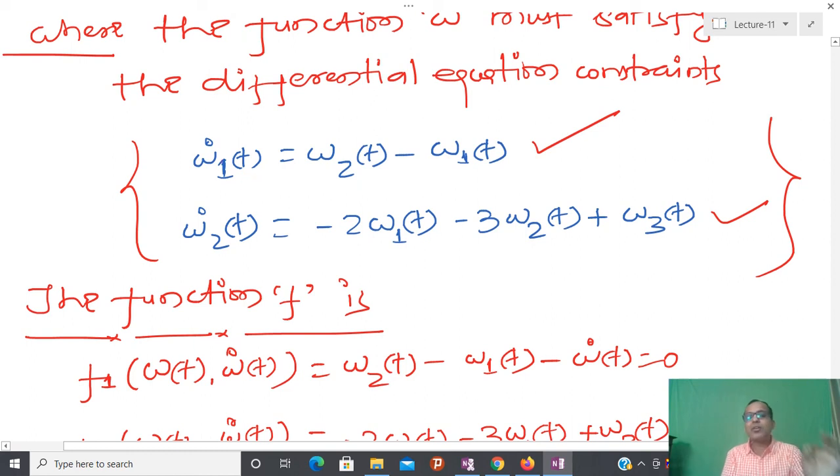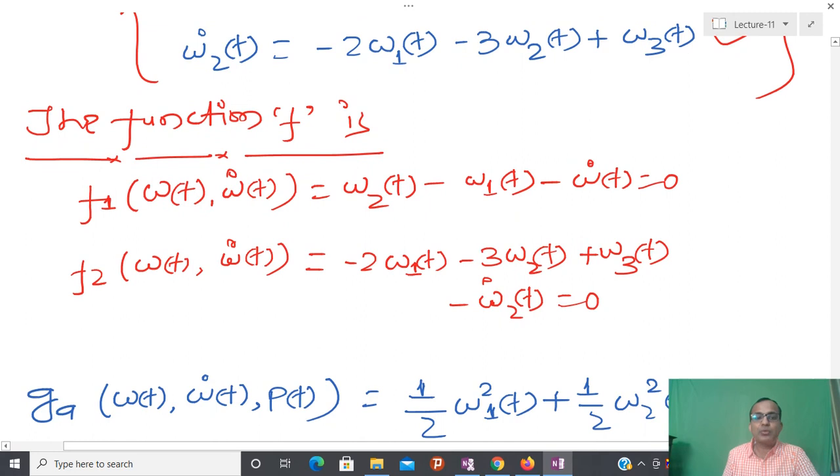Once we are at the extremal point or minimal point, at that time omega 1 star, omega 2 star, omega 3 star come into the picture. The same thing I have done here. I have expressed the functions that are given, in order to show why I am calling the constraint a differential equation.